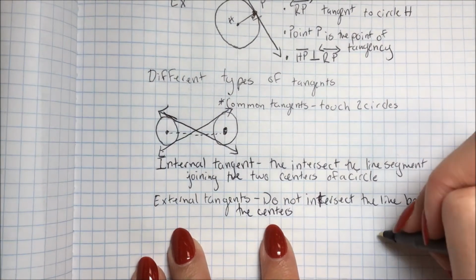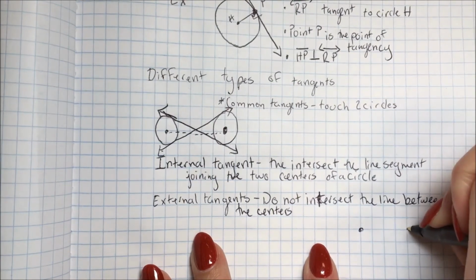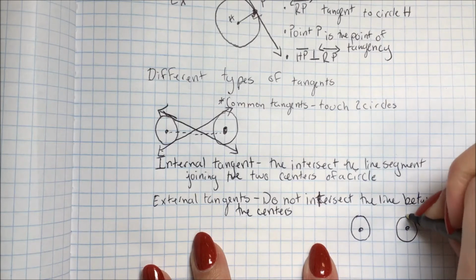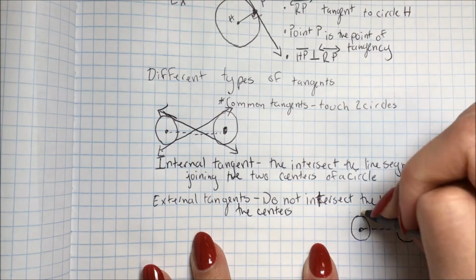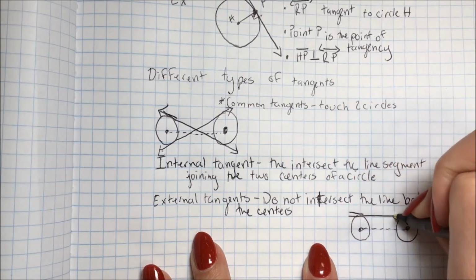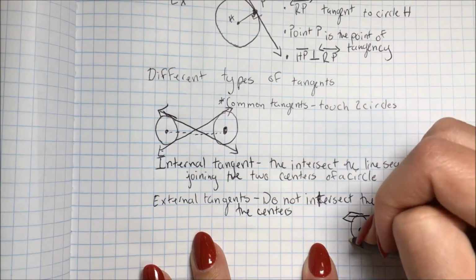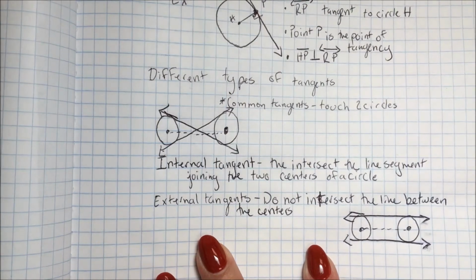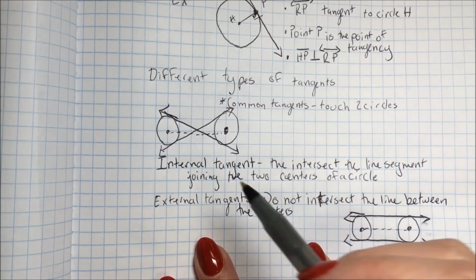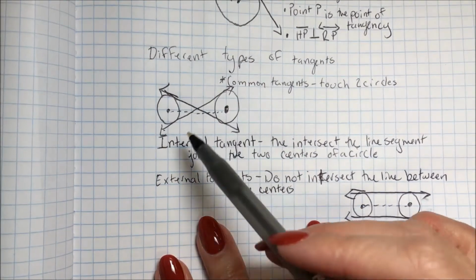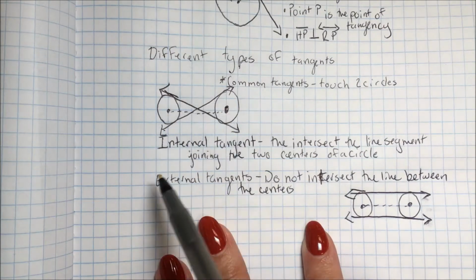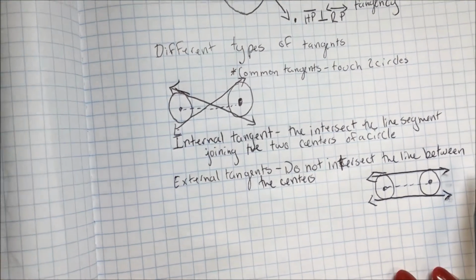So that might look like these. So if I have two circles whose centers are not the same, there's actually 4 tangents I can draw. 1, 2, 3, 4. 2 internal and 2 external.